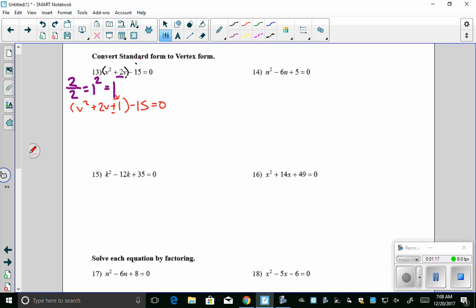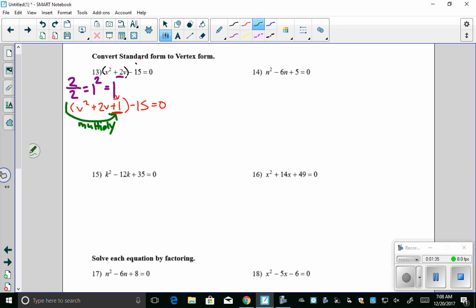Because I added 1 here, I have to do 1 times 1 and add the opposite.